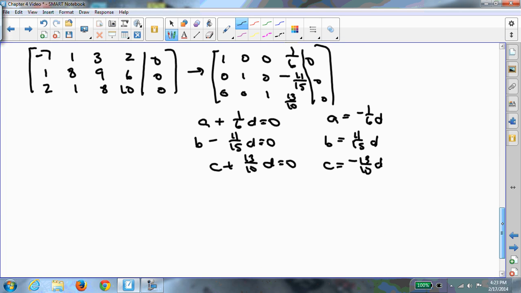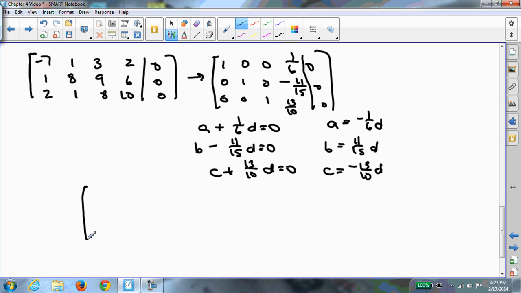And then setting up my solution for this, that means my vector (a, b, c, d) would equal (-1/6 d, 11/15 d, -13/10 d, d).